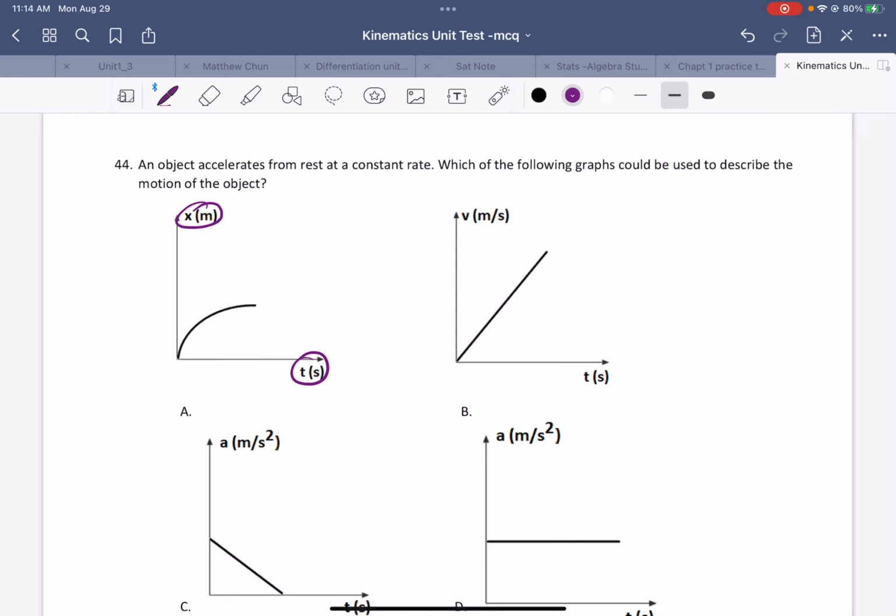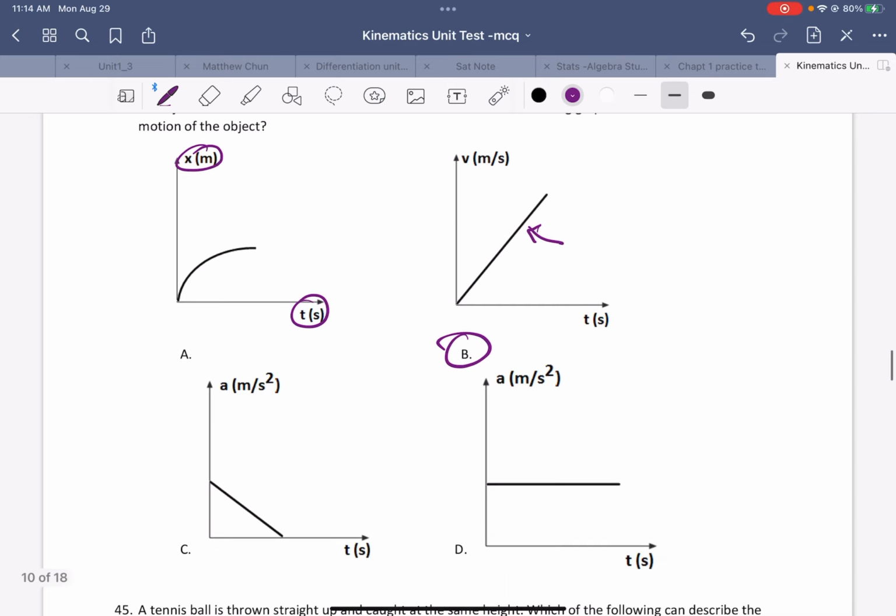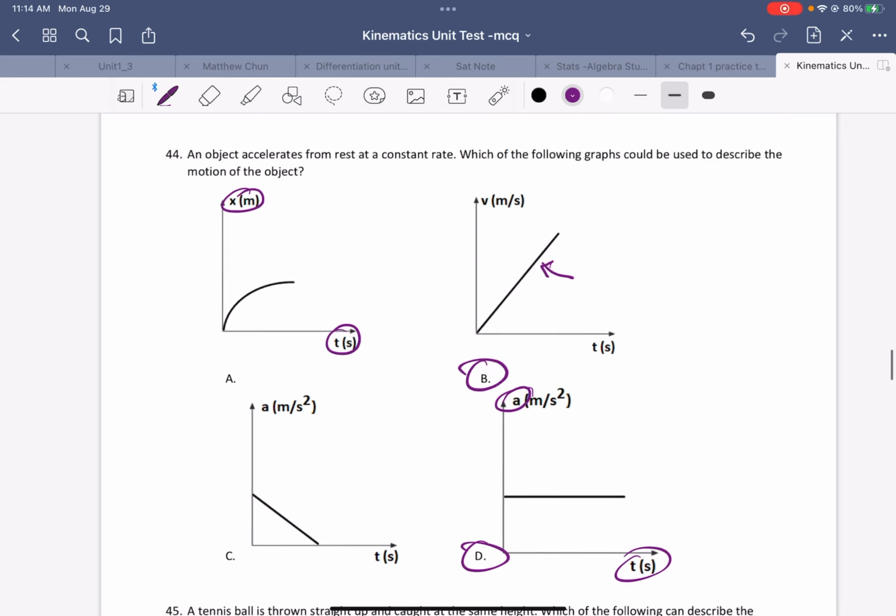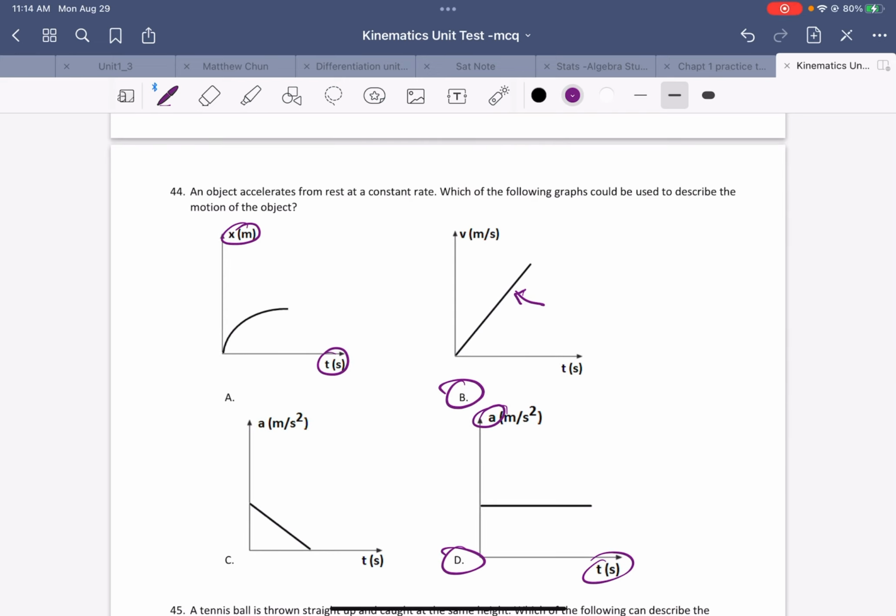So you can see this could be an answer because the slope of the velocity is acceleration, so that's some constant, right? And then this is also an acceleration graph, so that's also some positive constant. So B and D could be answers for that description. Okay, it's accelerating at a constant rate, so it could be both.